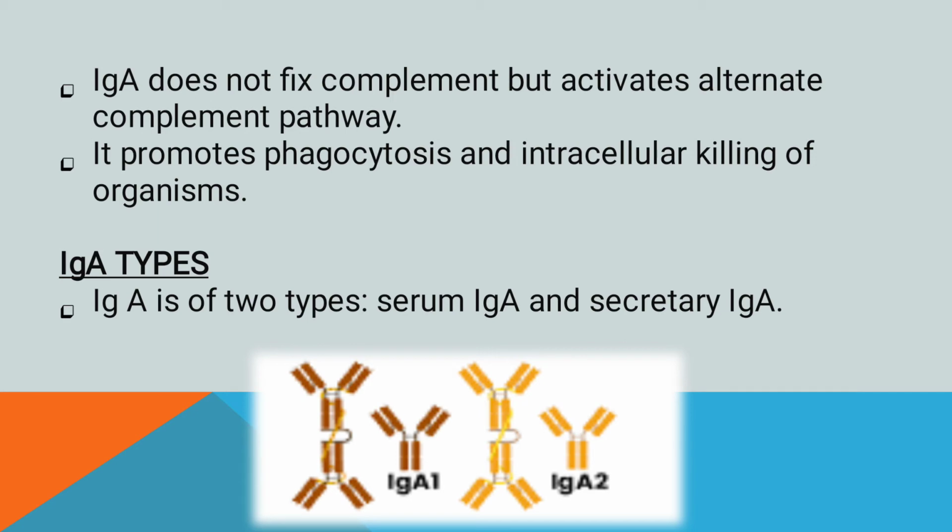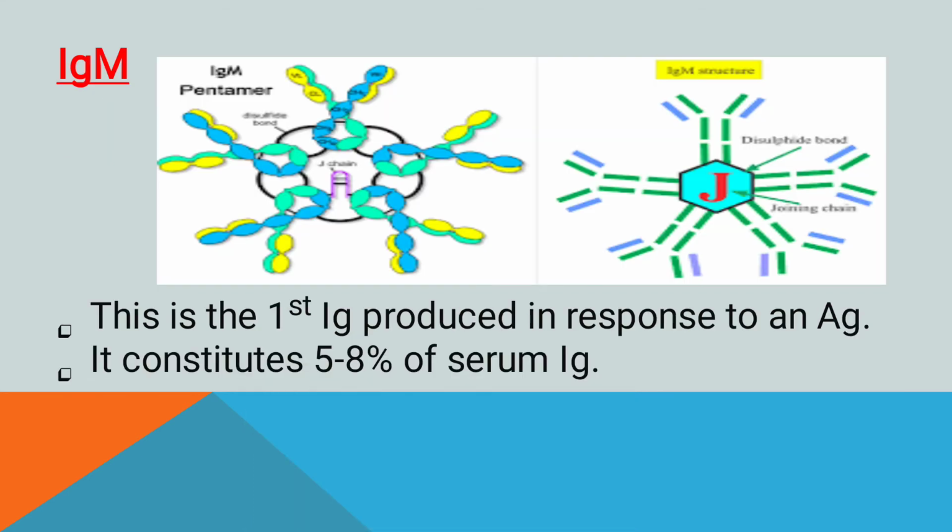IgA does not fix complement, but it activates the alternate complement pathway and promotes phagocytosis and intracellular killing of organisms. Next, coming to the subtypes of IgA, it is of two types, serum IgA and secretory IgA.